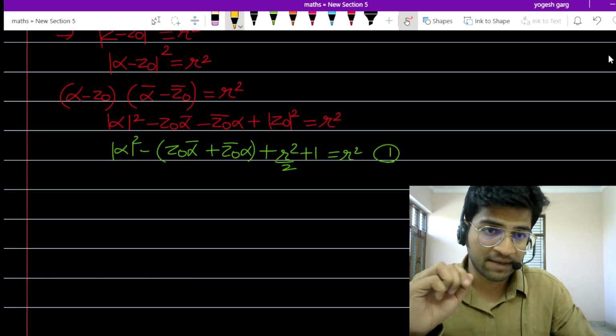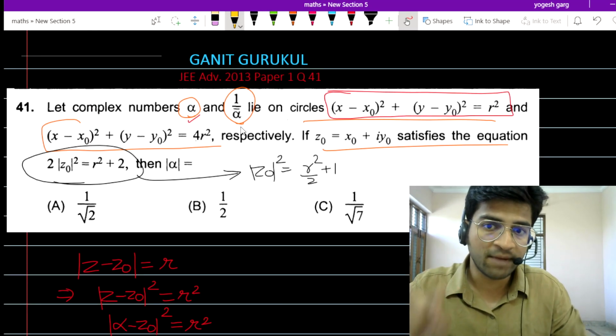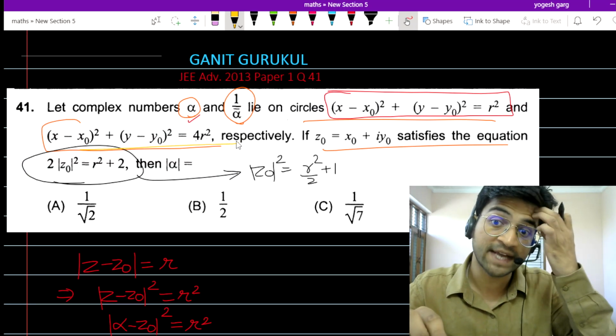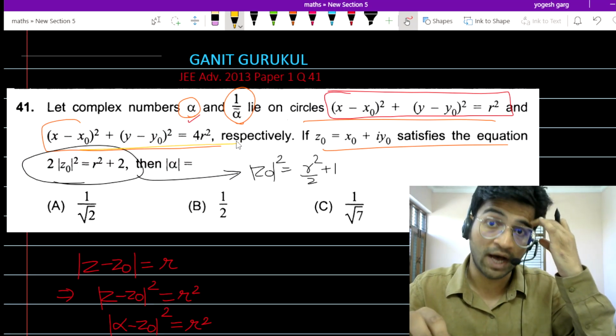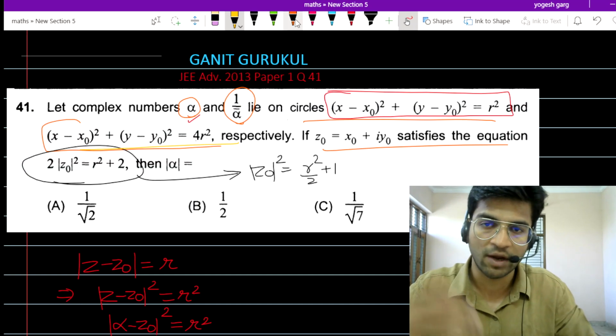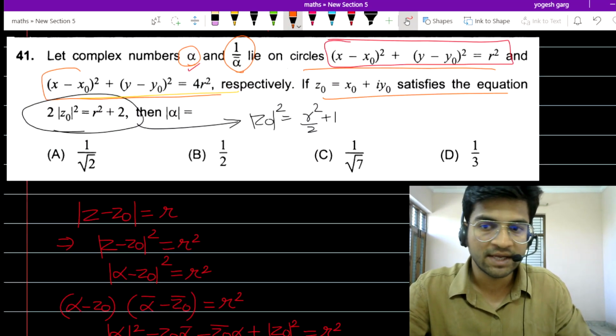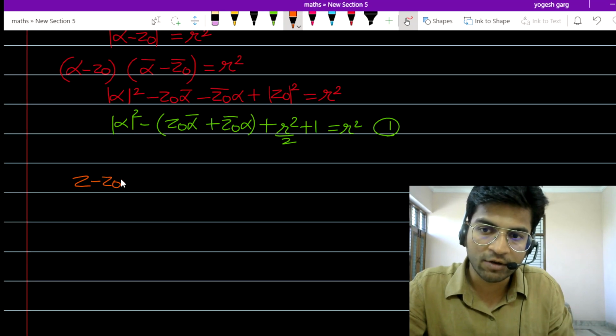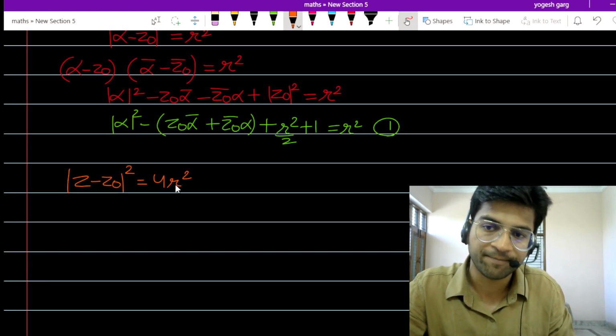We have one more equation. 1 by alpha conjugate satisfies the second equation, which is mod z minus z naught is equal to 2r, not r, because here the radius is 2r, so the square is 4r square, or we can square it as well. The second equation can be written as mod z minus z naught square is equal to 4r square. Now replace z by 1 by alpha conjugate.